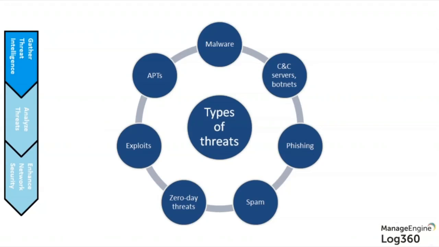So these CNC servers, whenever they need to perform any sort of malicious activity, they can send commands to any of these systems which are a part of their botnets. So it's a pretty common attack type that you see out there. It's not an attack type exactly, but it is common.